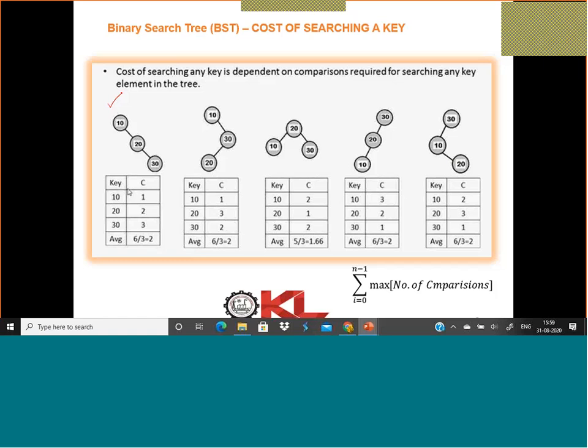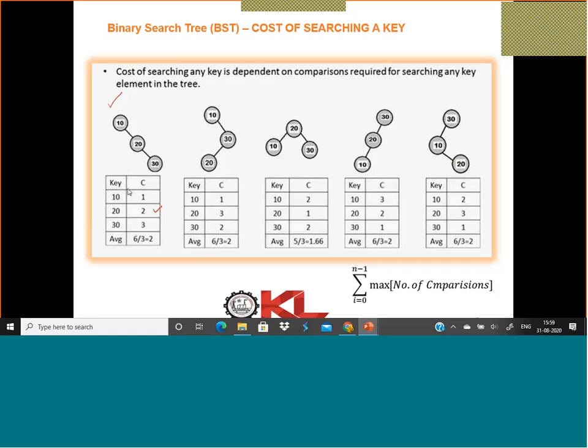If I am looking for 20 in the first tree, I need 2 comparisons, because I compare with 10 and then go to the right subtree to find 20. So 2 comparisons are required for 20 in the first tree.